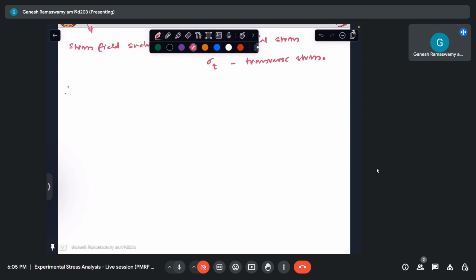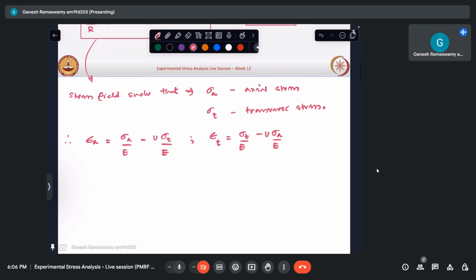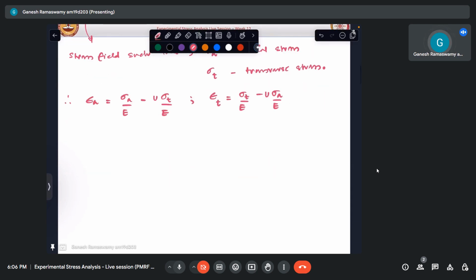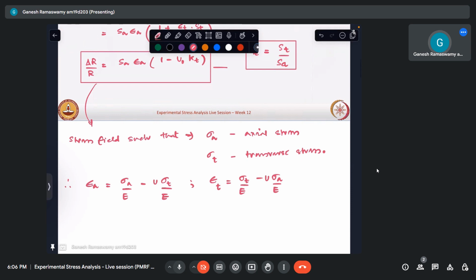So from our basics of Hooke's law, we can see that the actual axial strain will be sigma A by E minus mu sigma T by E. Similarly, our transverse strain is given as sigma T by E minus mu sigma A by E. Now that we have the expressions for the axial and transverse strain, let us substitute this back in equation 1.